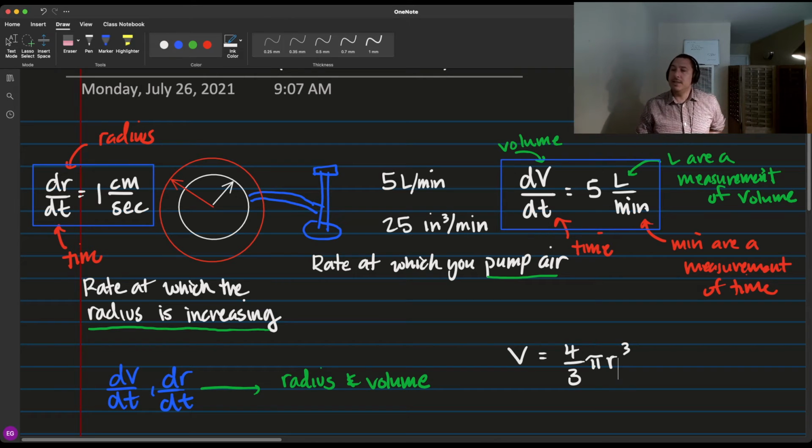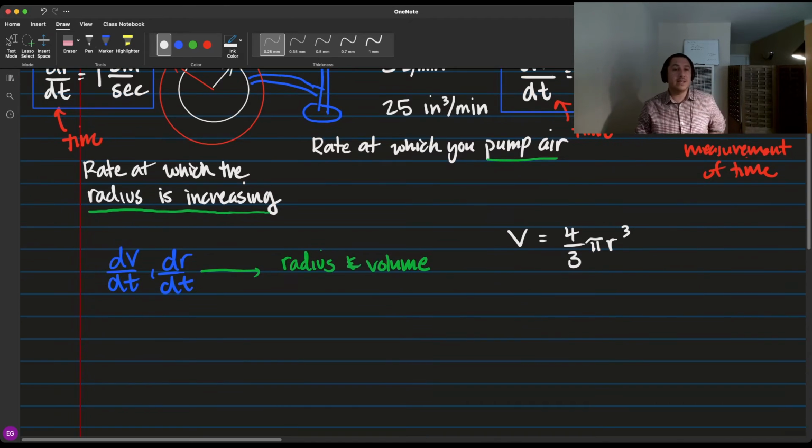Okay, now, this equation relates volume and radius, but we're working with their rates. We want to relate their derivatives. So how will you find their derivatives? Well, you're going to take the derivative of everything with respect to t. First you have to find an equation which relates the two values that you want, and then you take its derivative.